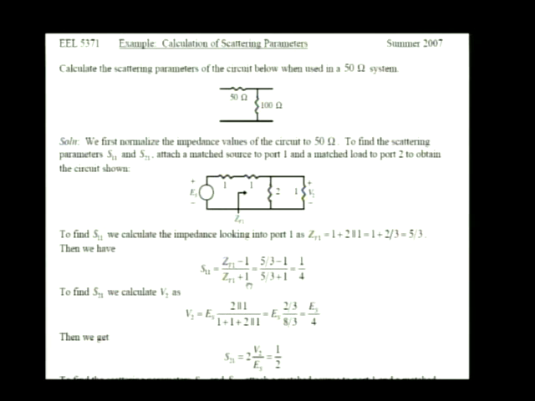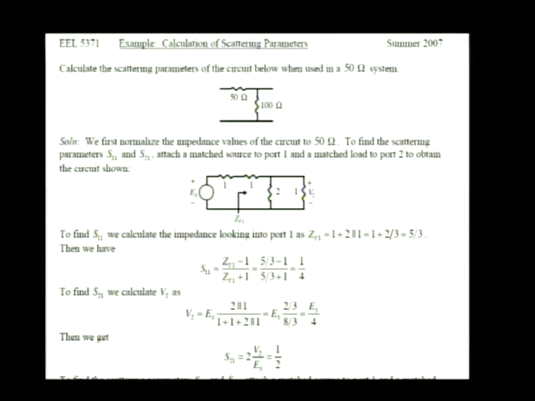But remember, I have everything divided by 50 ohms, divided by Z0. So that formula for a normalized circuit, like I have here, is ZT minus 1 over ZT plus 1, 50 divided by 50 being equal to 1. I just found ZT1, 5/3. So it's 5/3 minus 1 over 5/3 plus 1. That just gives me 1/4 as a result.